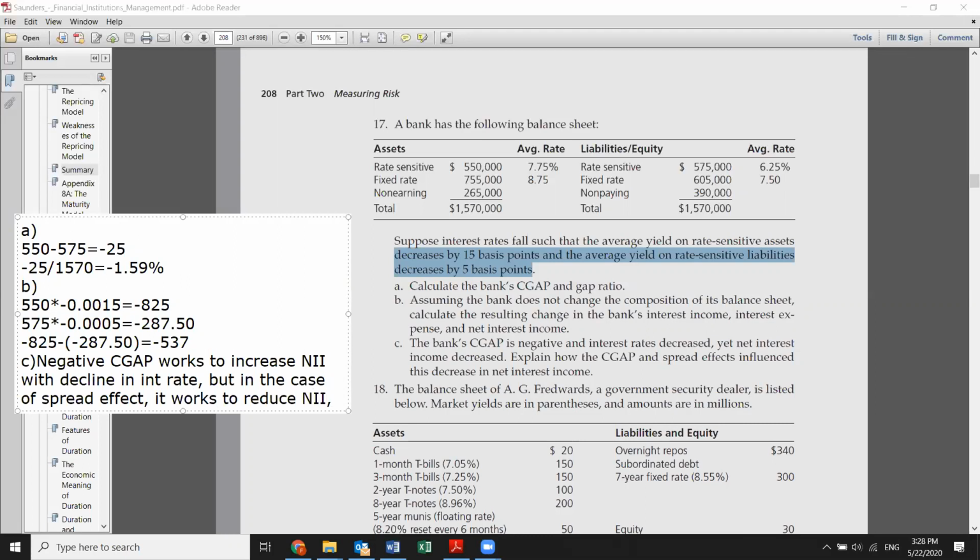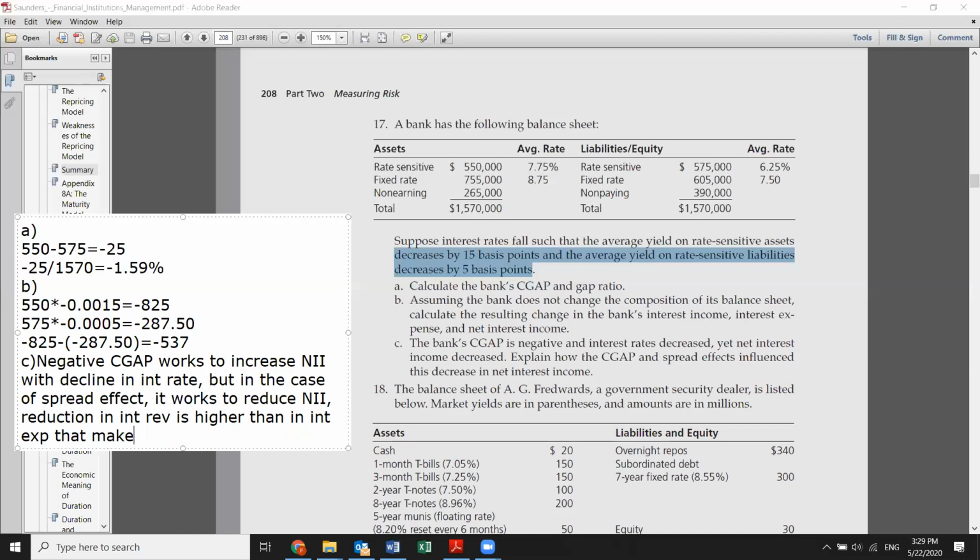That shows that the reduction in interest revenue is higher than the reduction in interest expense.